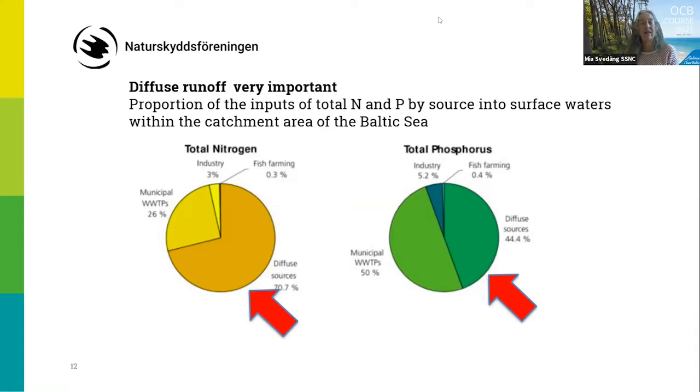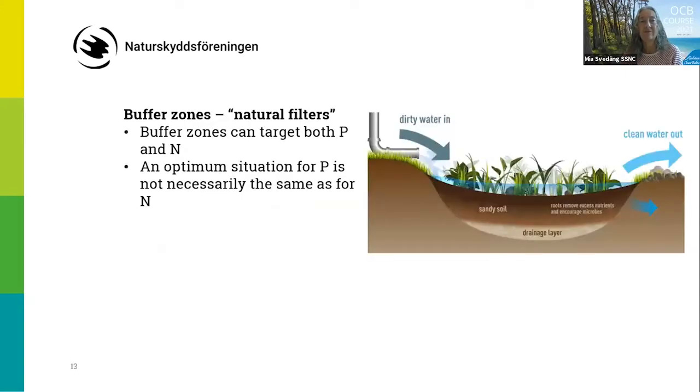As you can see in these pictures, most of the load from nitrogen and phosphorus comes from diffuse sources, and those are of course much more difficult to attack than to stop inputs from point sources. So that's why we need buffer zones, for instance.